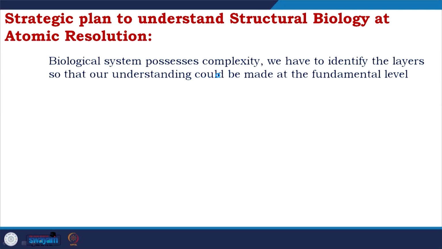So, what should be the strategic plan to understand structural biology at atomic resolution? Biological systems pose complexity. We have to identify the layers so that our understanding can be made at the fundamental level. Initially, the challenge was that we wanted to understand the structures of simple molecules, like a single protein.